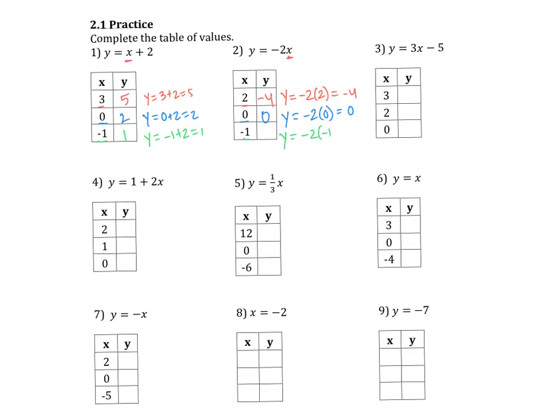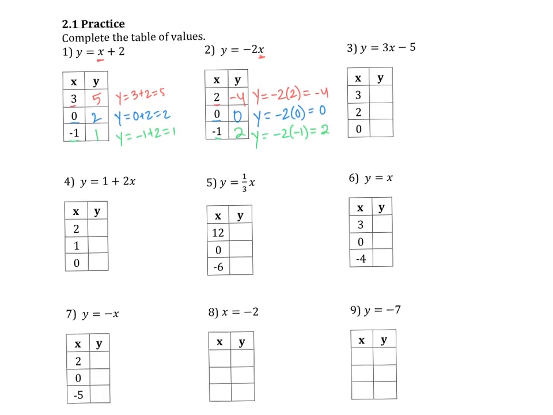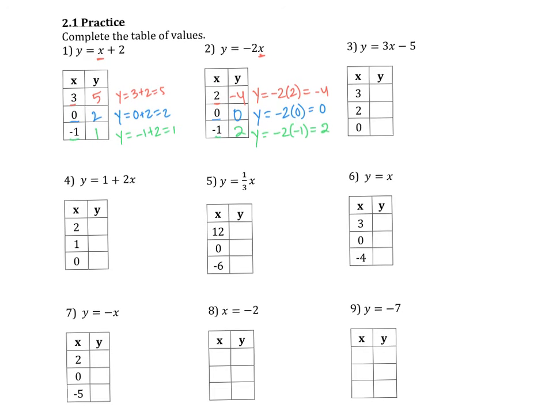X is negative 1. Negative times negative is a positive. 2 times 1 is 2. Okay, and I'm not graphing them now, but if I did graph them, they would line up in a line because these are all linear equations. Okay, and if you're working ahead, that's fine. Just fast forward at the end and look at my answers.